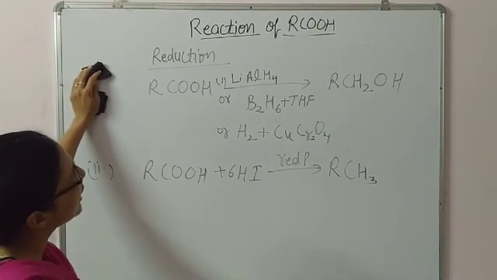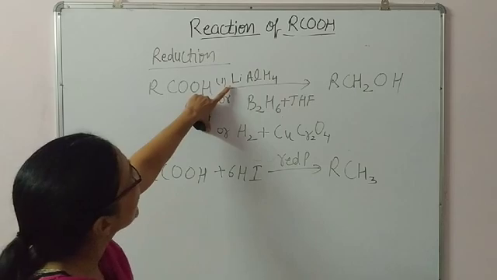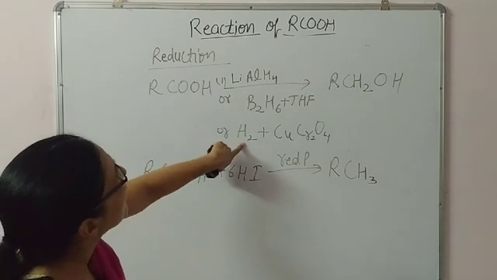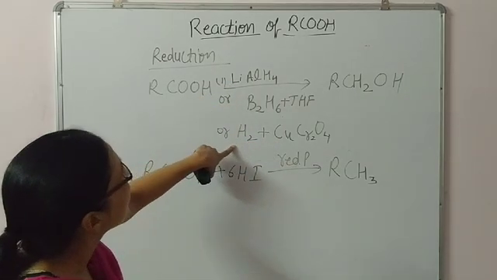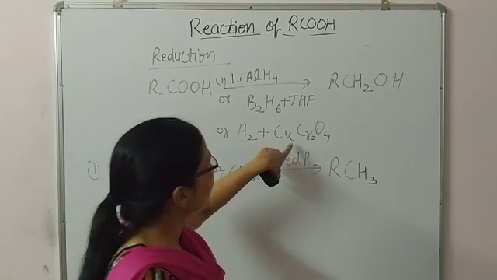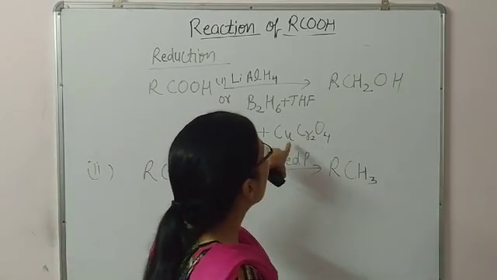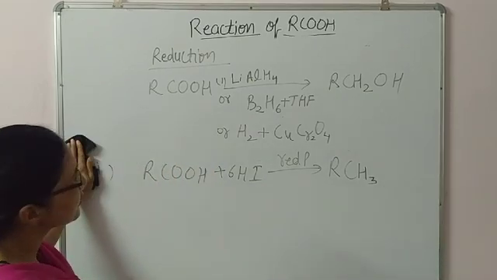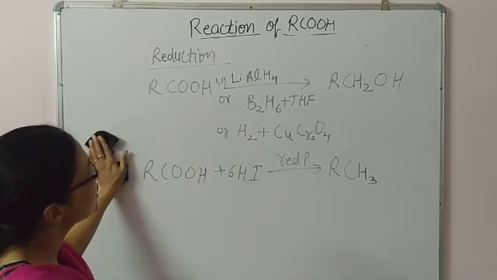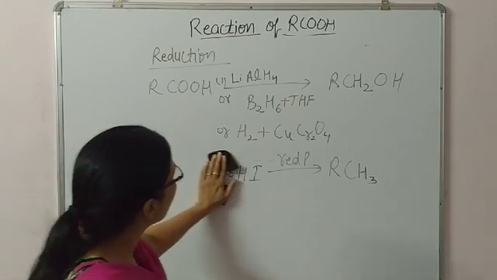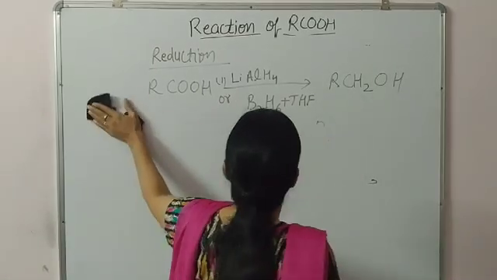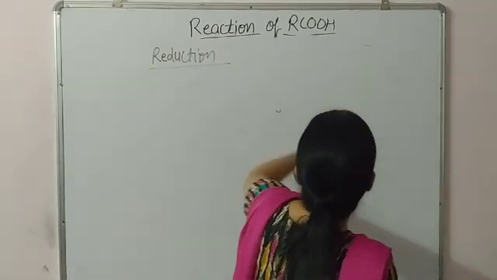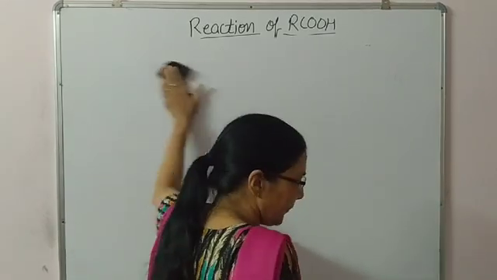I hope you understand and learn these reduction reactions. In your NCERT the same is mentioned. Please try to remember. As usual, red phosphorus and HI will convert it to the alkane with the same number of carbons.